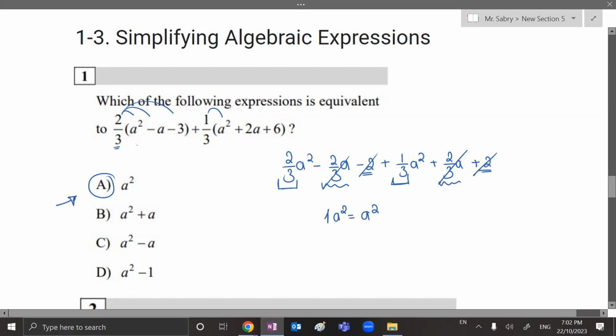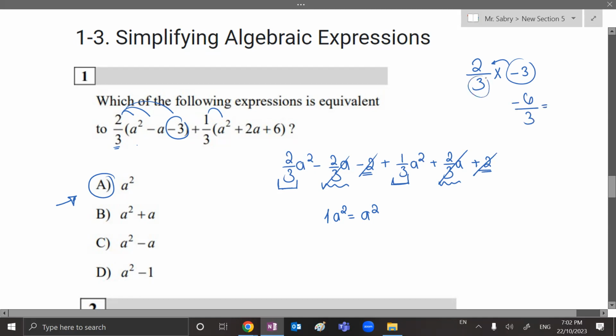Good. Now, if we're not allowed a calculator, let me explain how we multiply, for example, 2 over 3 by negative 3. Whenever we're multiplying a fraction by a number, this number gets multiplied by the numerator only, the upper one only. So it becomes negative 6 over 3.